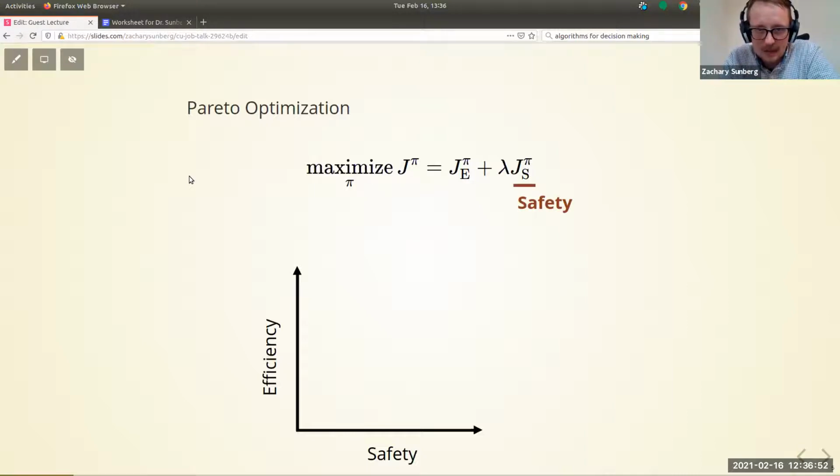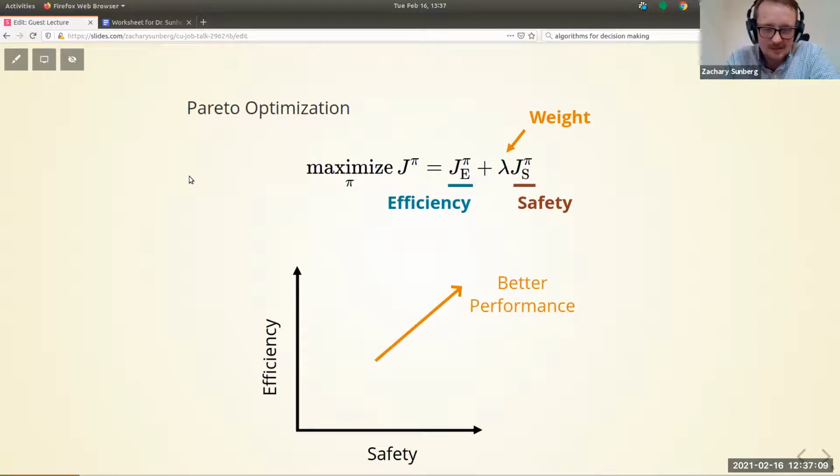In Pareto optimization, you have 2 terms, or possibly multiple terms, one for each of your objectives. And then you have this weight lambda that trades off between them. I should mention that in general, better performance on this graph is up to the right. We want safety and efficiency.